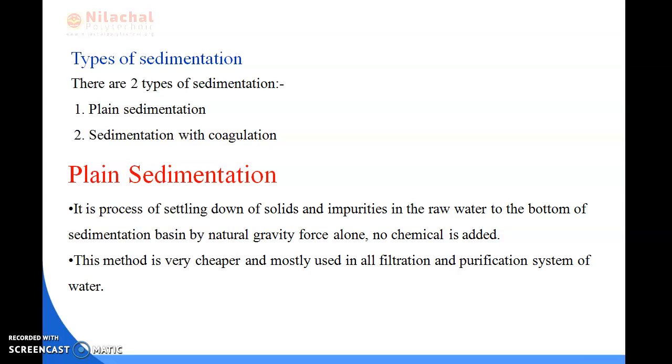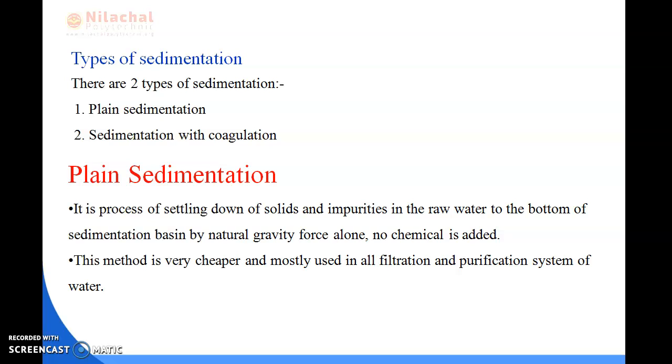So what do we mean by plain sedimentation? It is a process of settling down of solids and impurities in the raw water to the bottom of the sedimentation basin by natural gravity force alone, where no chemical is added. This is known as plain sedimentation, and it is very cheap.